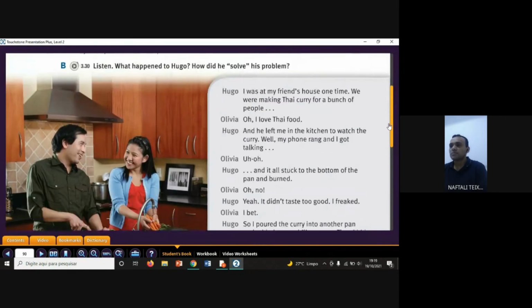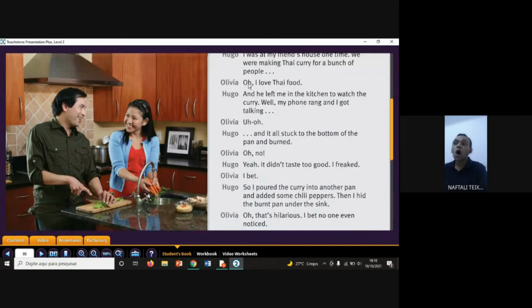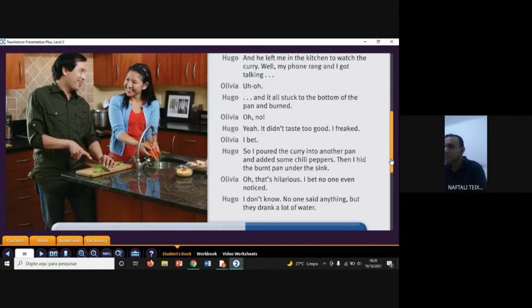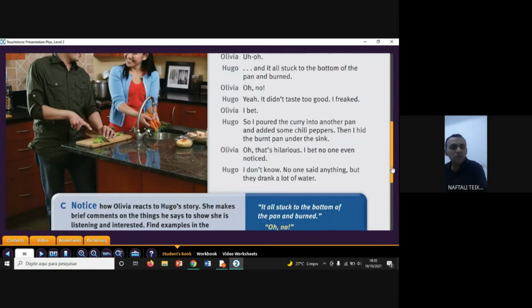What are the expressions? Oh no, I bet. All right. So she was listening all the time to Hugo's stories, and then she was reacting to it by saying these expressions. Okay, so these are the expressions that you can use to react to the stories that you listen to.